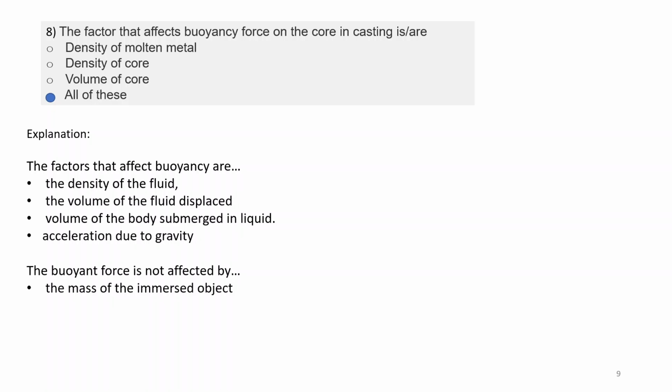These are the factors which will affect the buoyancy: the density of the fluid, volume of the fluid that is displaced, volume of the body submerged, meaning the core, and acceleration due to gravity. The factor that won't be affecting is the mass of the core.